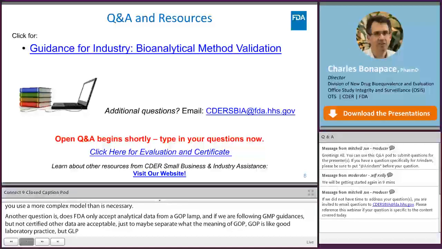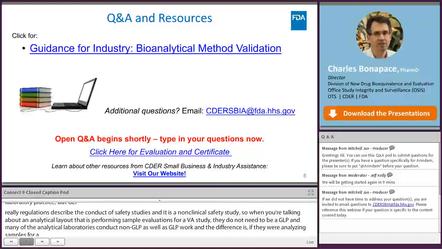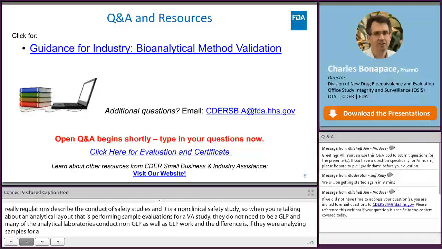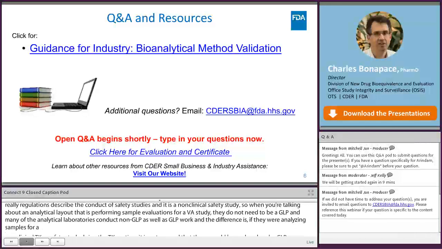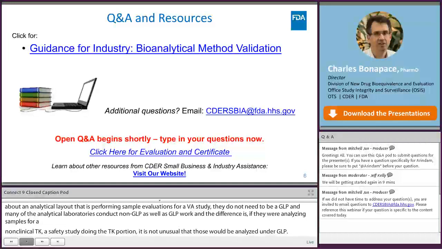And many of the analytical laboratories conduct non-GLP as well as GLP work, and the difference is if they were analyzing samples for a non-clinical TK safety study and doing the TK portion, it's not unusual that those would be analyzed under GLP. So what's very important is you have to consider the type of study that you're conducting and whether the lab needs to be following GLP or not.